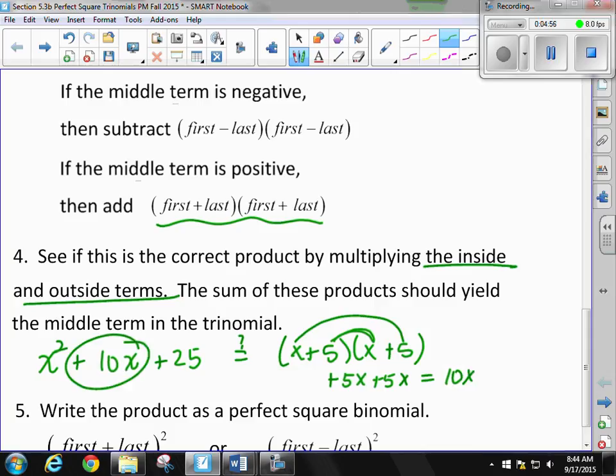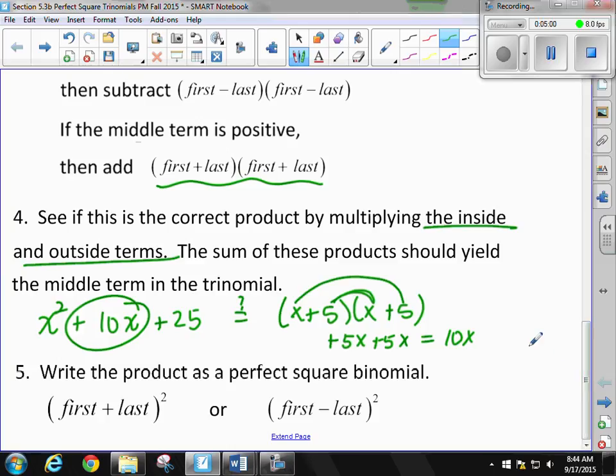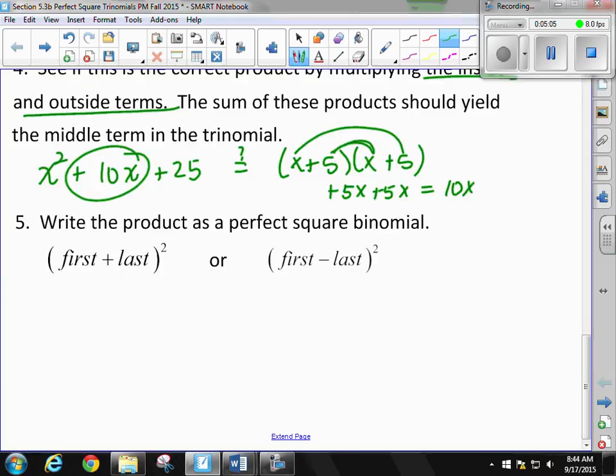That does give me the correct middle term. Then you can write it as a perfect square binomial. Our factors were x plus 5, and we had 2 of them, so we can write it as x plus 5 squared.